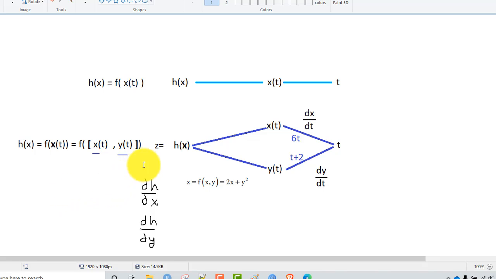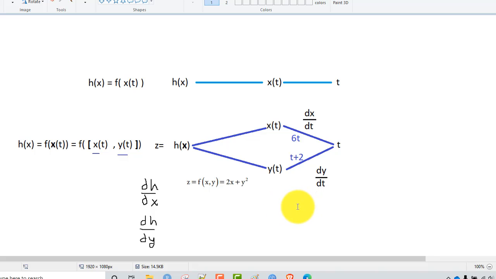So what is the original question we want to ask? We want to know, how does this, or h, we can call it z or h, how does this change, not when x and y change, we will need to know that, but what we're trying to ask here is, how does this depend on the change in t? So how do we write that?